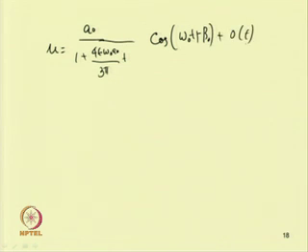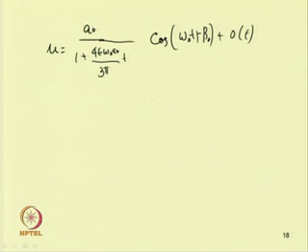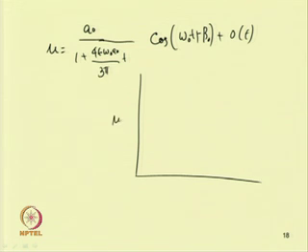So, one can plot this also. Unlike in the case of Coulomb damping or the linear case, here it is no longer exponentially decreasing, but one can plot this to find the response, u versus t.